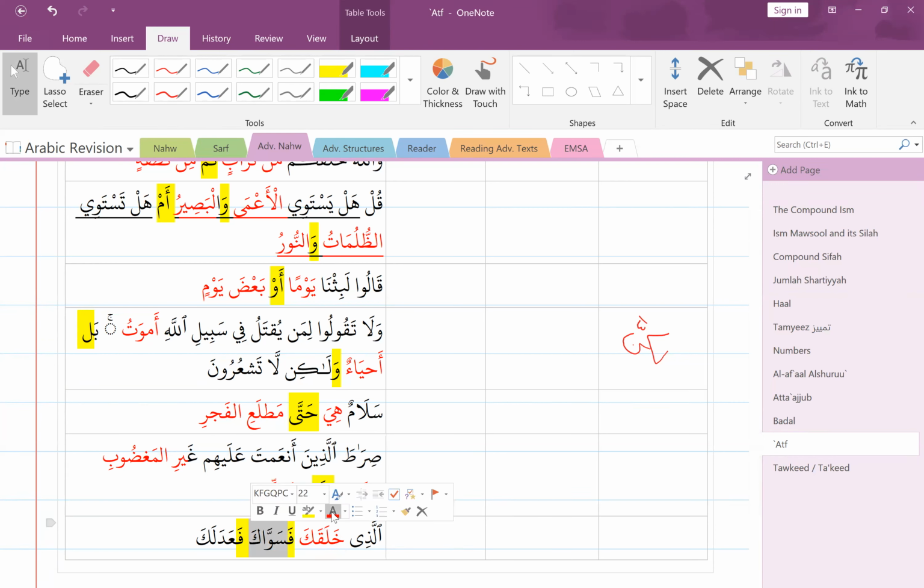Sawaka and adalaka are both matufs. Beautiful. So you can see these are verbs: خلق, سوى, عدل. So we are connecting verbs to verbs to verbs. Let me pull out this ayah.